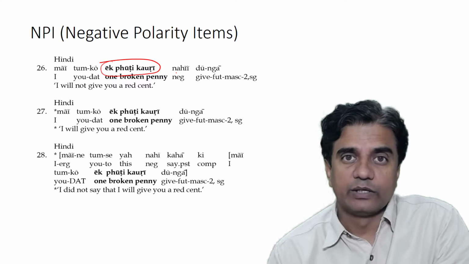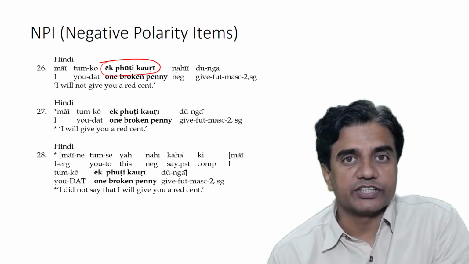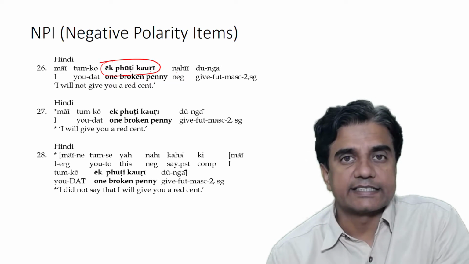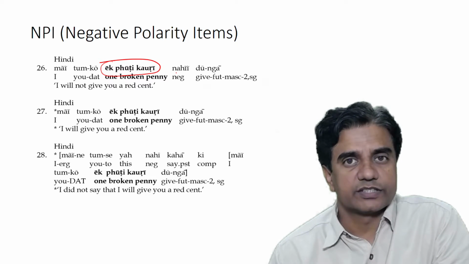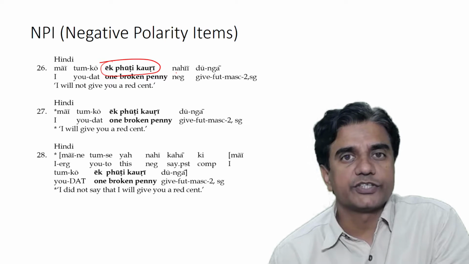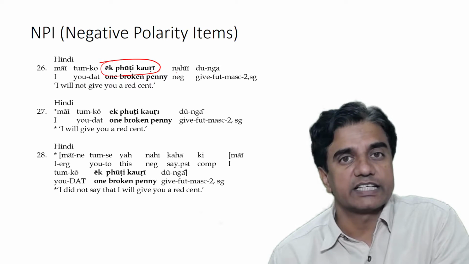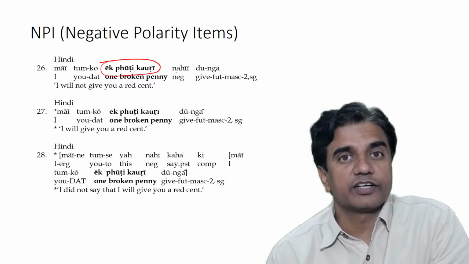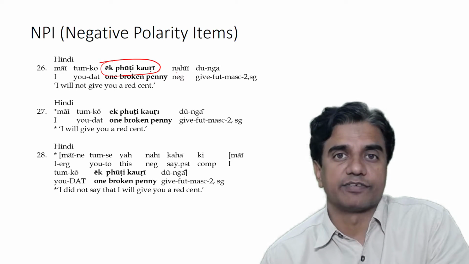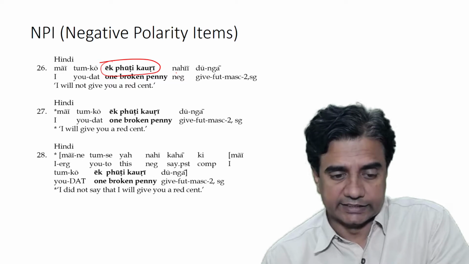That is, only sentential negation can license negative polarity items. Therefore, what is crucially important is to understand the position of sentential negation in the clause structure for our understanding of licensing of negative polarity items a little later.